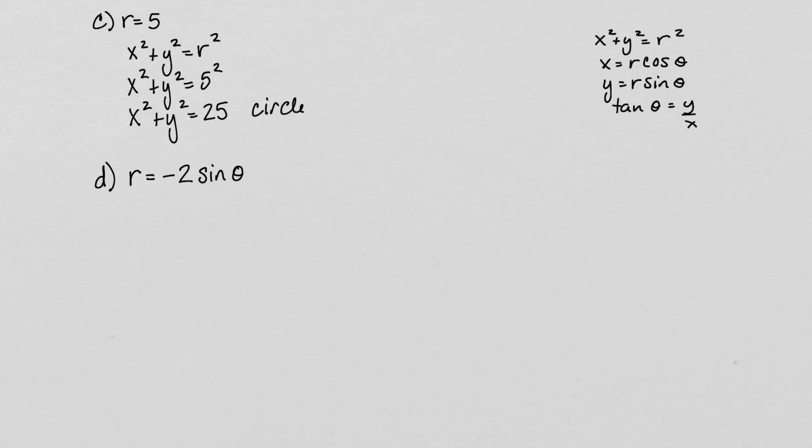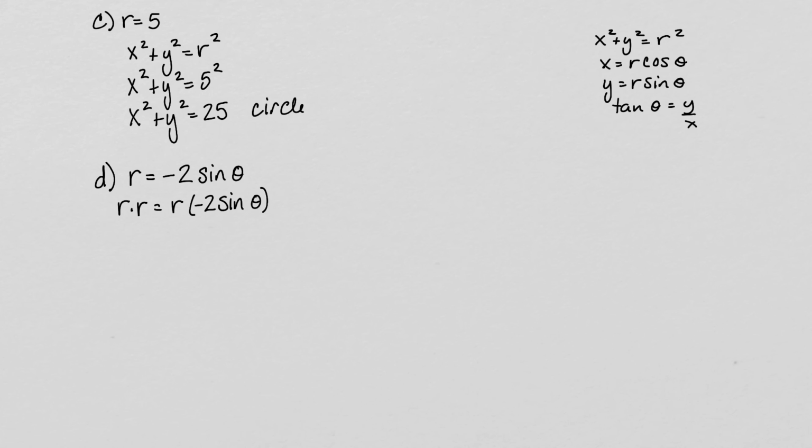So one of the things that you sometimes have to do in these problems when you're trying to convert is multiply both sides of the equation by something to get some stuff to work with. So I could multiply the left side, so I'd have r times r, and then on this side, r times minus 2 sine theta.